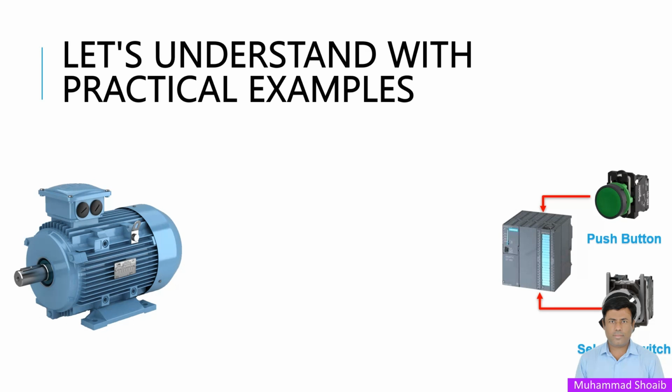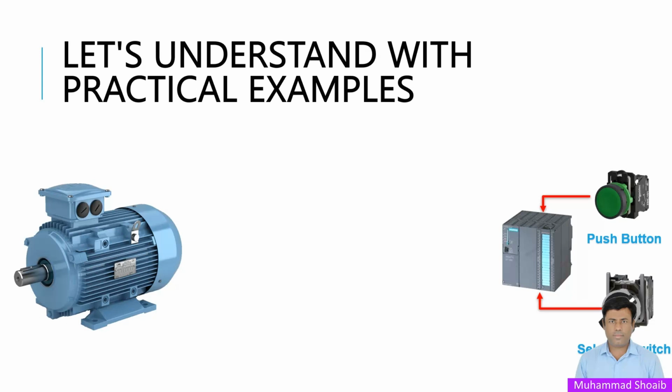PLC cannot directly turn on or off the motor because PLC output contacts or output relays don't have that much current carrying capacity.